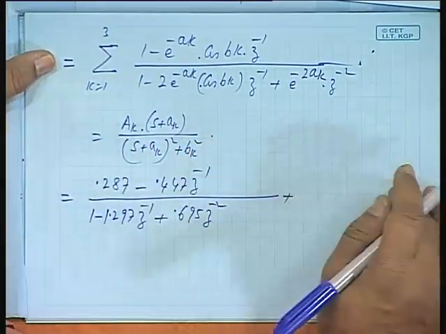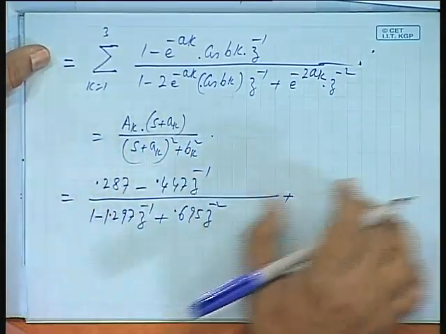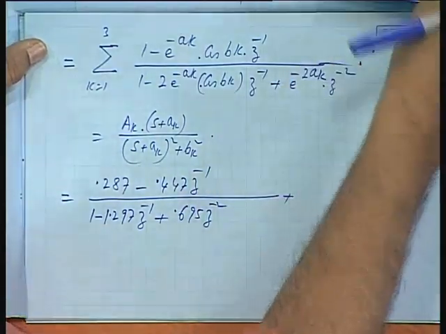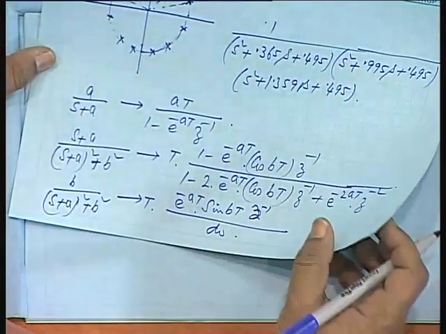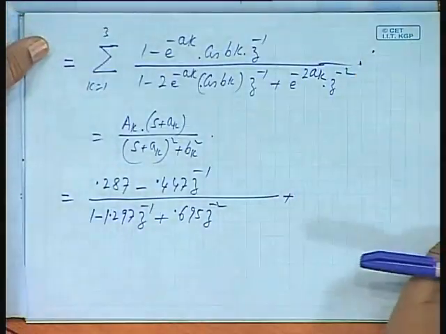I am not going to write all the details. Similar terms will appear for the 3 factors. There are 3 quadratics. So, there will be 3 such terms.